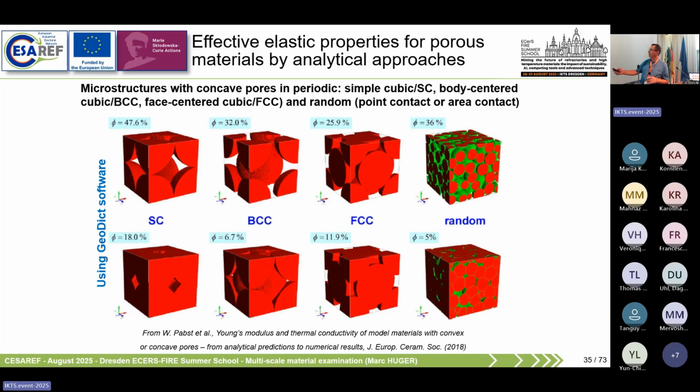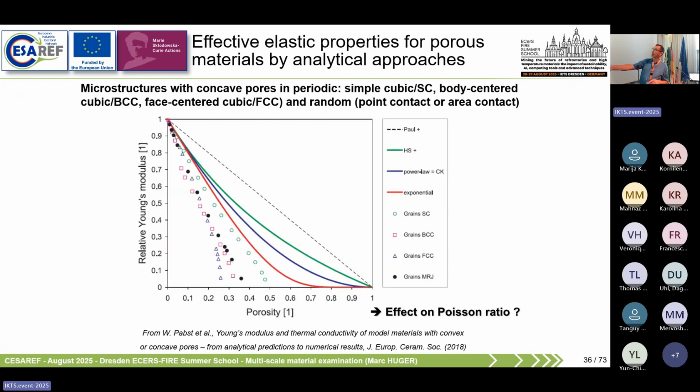You can see here that the porosity is very elongated due to the construction of the model, and you are far away. The evolution of the porosity effect is extremely dependent on the shape. So if you want to predict where you should be in terms of elastic property, you have to take into account the amount of porosity, but also the shape of the porosity, considering this kind of model.